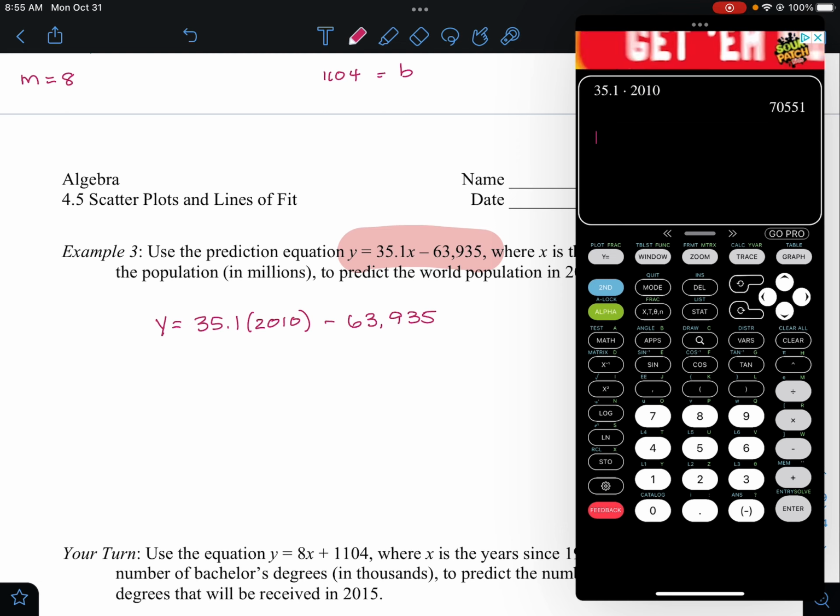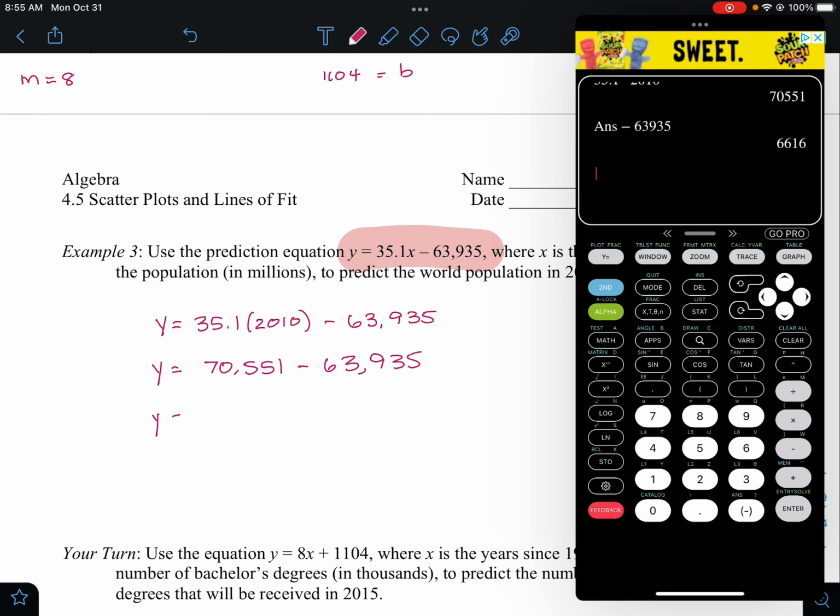We'll do this step by step. So Y equals 70,551 minus 63,935.